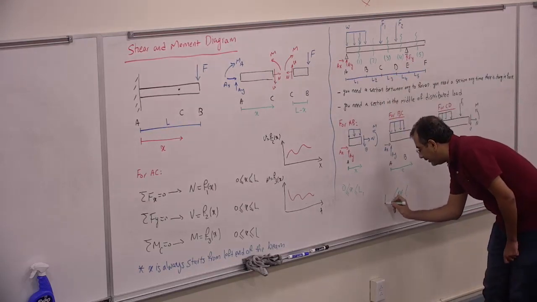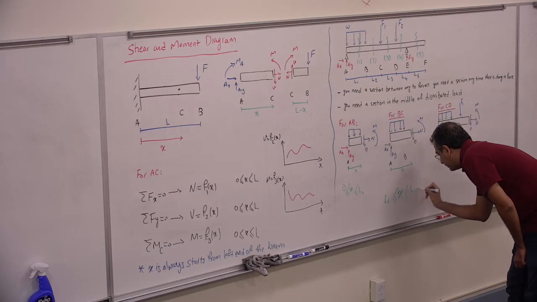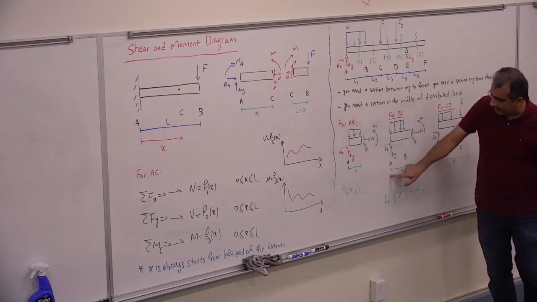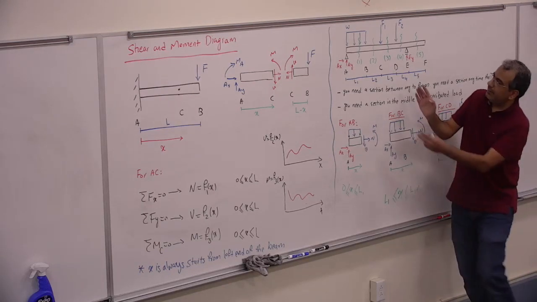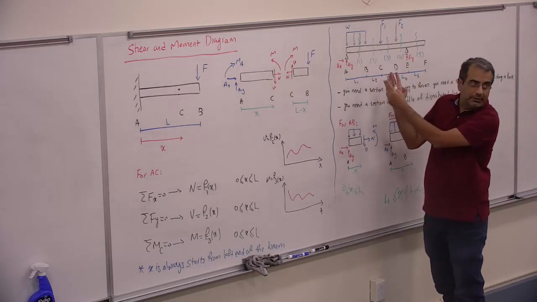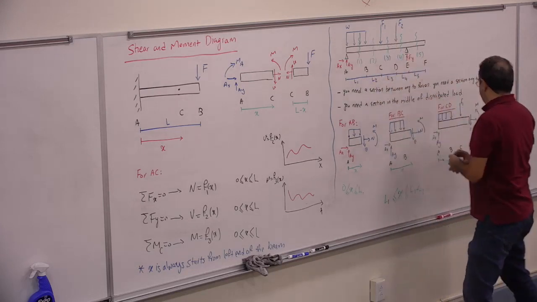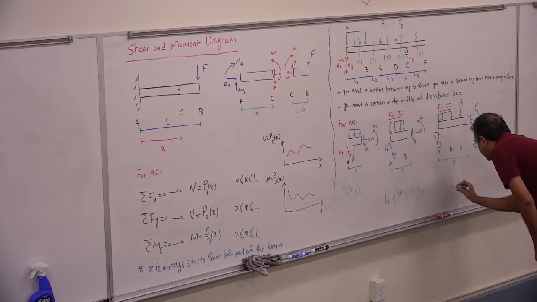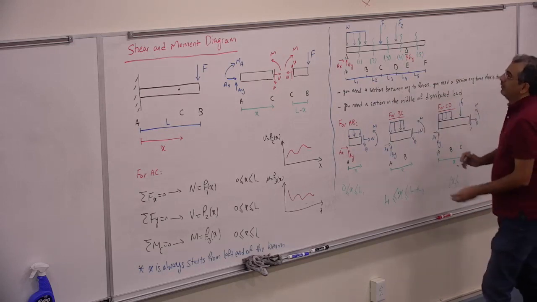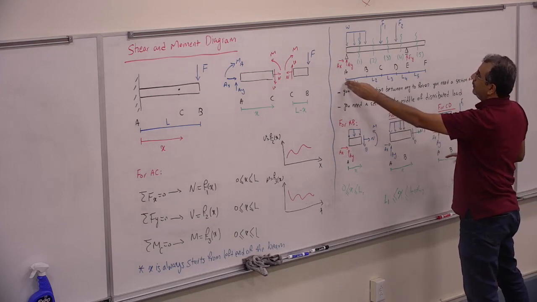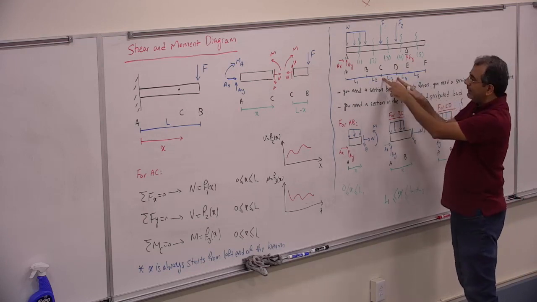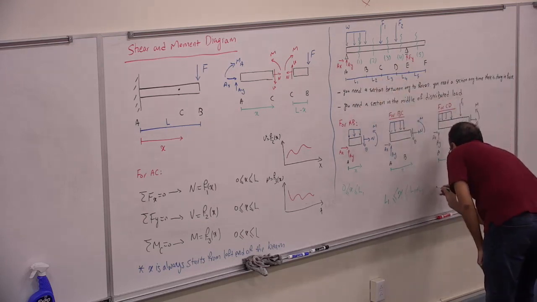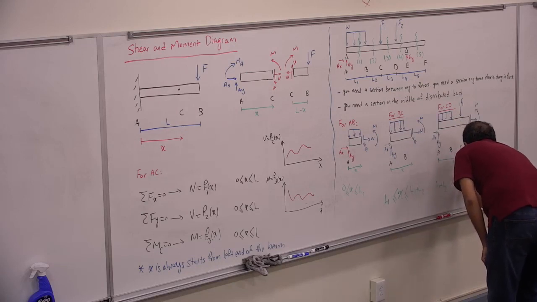So it's going to be from L1 plus L2. Still X starts from there, but we are only interested in this section. For this one, still X starts from here, but we are only interested between C and D. So X is going to start from L1 plus L2, and then L1 plus L2 plus L3.